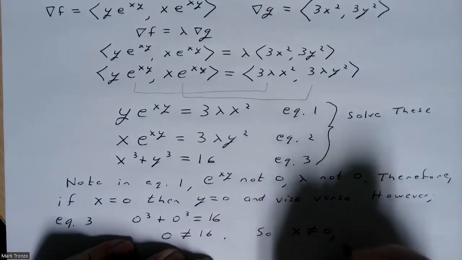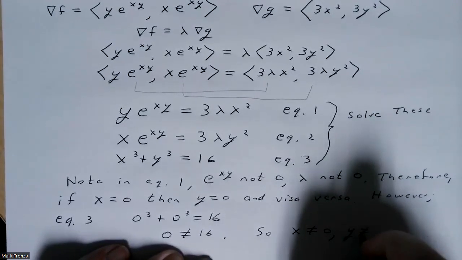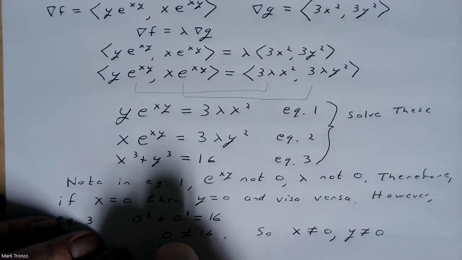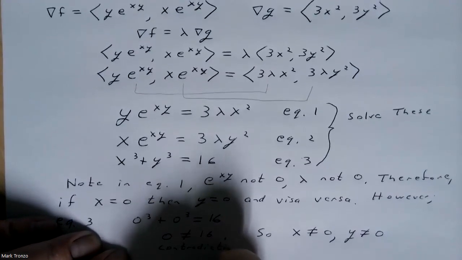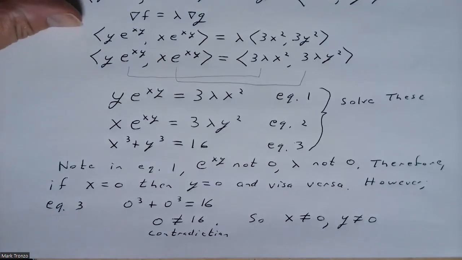So x is not 0 because that would force y to be 0. And if they were both 0, we'd have this contradiction. So that'd be a simple way that you could justify that x and y can't be 0. So now we have the freedom to divide by x and y if we want to. And so let's look at equations 1 and 2.